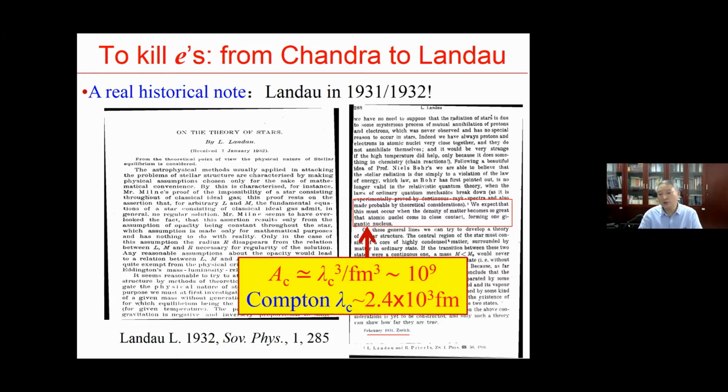So 10 to the 2 is much smaller than 10 to the 9. So this is a small normal nucleus, not the so-called giant nucleus proposed by Landau.